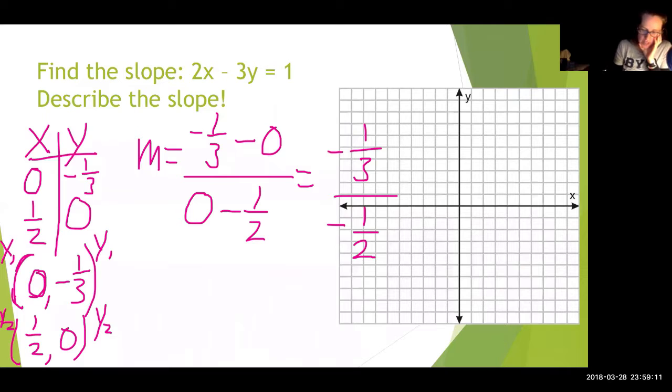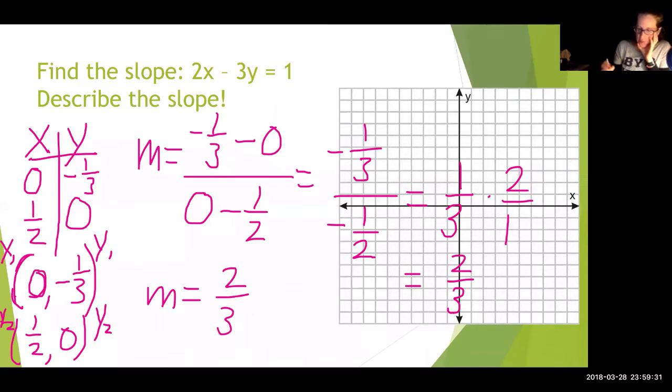Our two negatives cancel each other out, so this is going to be positive. And dividing by a fraction, if you remember, 1/3 times 2 over 1. So we end up with 2/3 for our slope. m is equal to 2/3. That's a great slope. See, we like fractions when it comes to slopes.